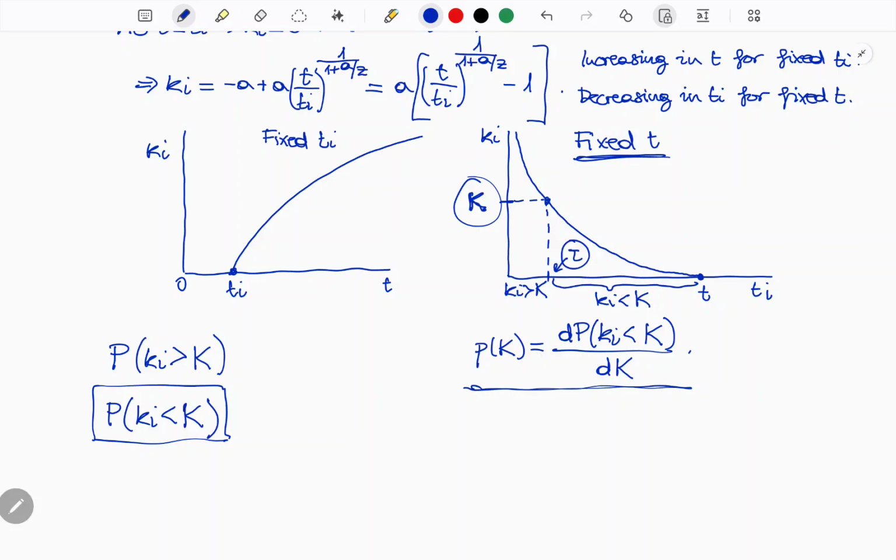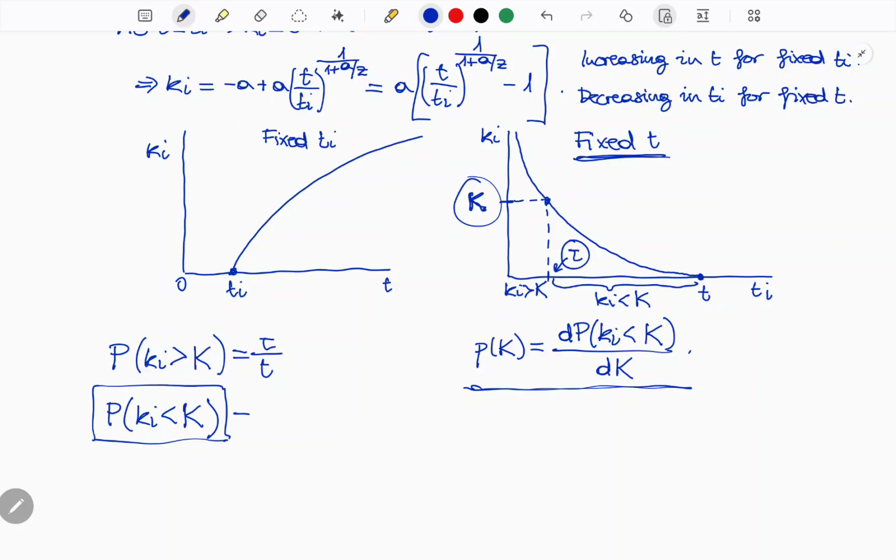So what are these two quantities in terms of tau? Well, in terms of tau, like we have just seen, this part here is just the fraction of nodes that were born before tau, which is tau over t.